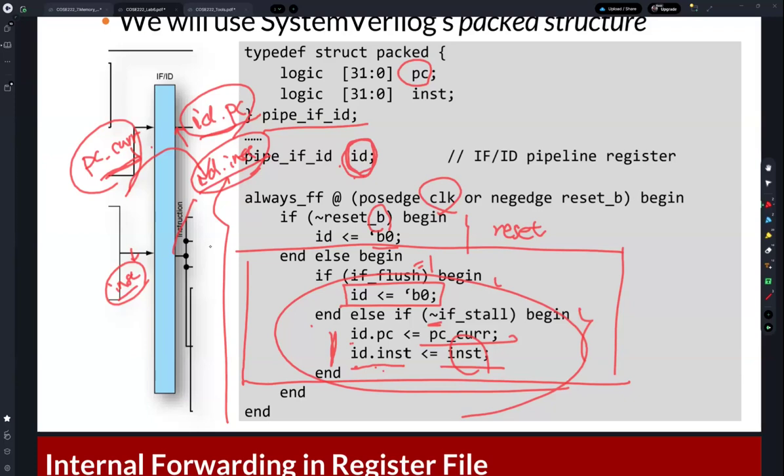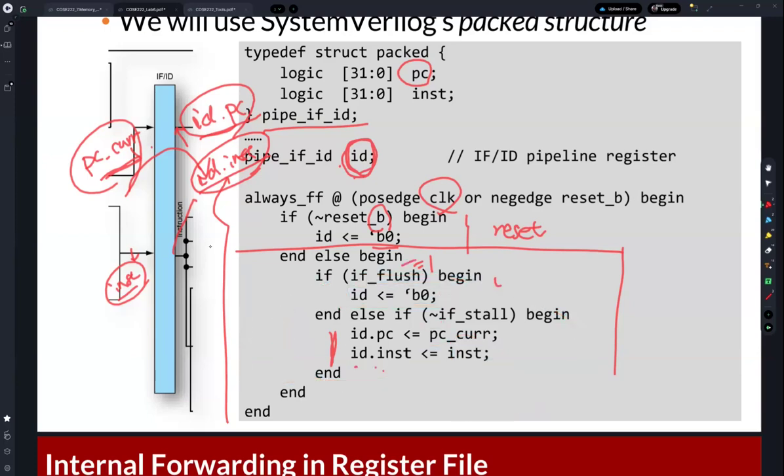Do you understand? And then in the ID stage, we use these signals. So that's why I named this pipeline register as ID. If you just see this name, then you can figure out that these signals will be utilized in the ID stage, right?